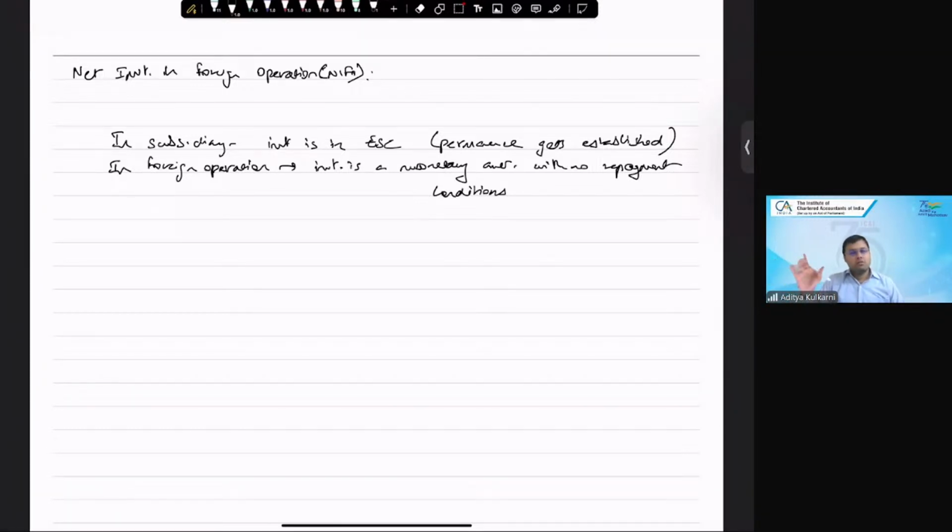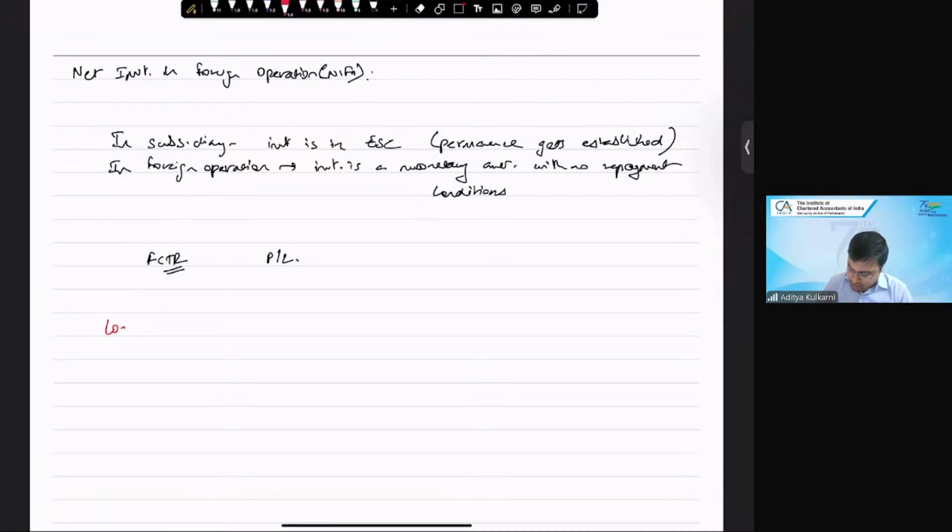The difference on account of converting the foreign branch trial balance, the foreign subsidiary trial balance, would sit as part of your FCTR. If it was regarded as a regular monetary item where I gave the money and I expect it to be paid back, the exchange rate fluctuations would go and sit in the P&L. But now you are able to understand this.